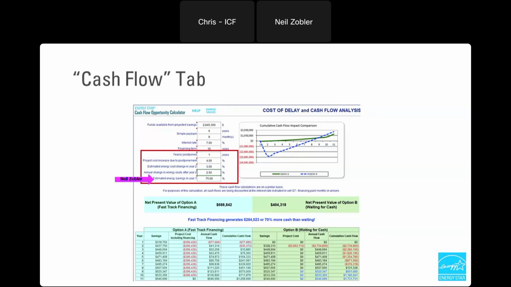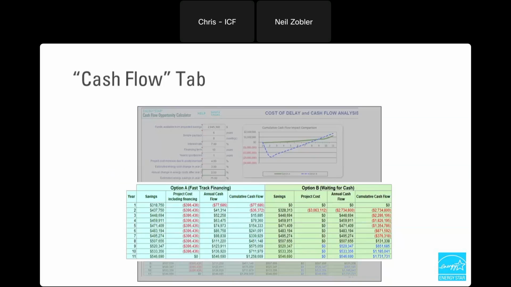So once you enter that data, you look at the 2 different categories underneath. Option A, fast track financing. Option B, waiting for cash. What are the details? Well, we're adding 1 extra year. We're looking at a 10-year financing. We add year 11. The savings, which we calculated in the first tab. Financing cost, that is assuming level payments over the term of the contract with a 0 buyout at the end.